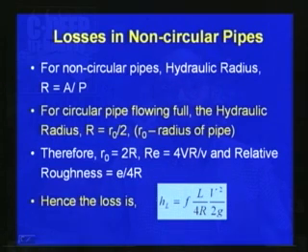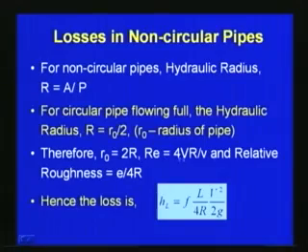If you want to find the Reynolds number, the Reynolds number is Vd by nu for the pipe, where nu is the kinematic viscosity, d is the diameter of the pipe, and V is the velocity. Since R0 is 2R, the diameter we can put as the equivalent diameter 4R, where capital R is the hydraulic radius of the non-circular pipe system.